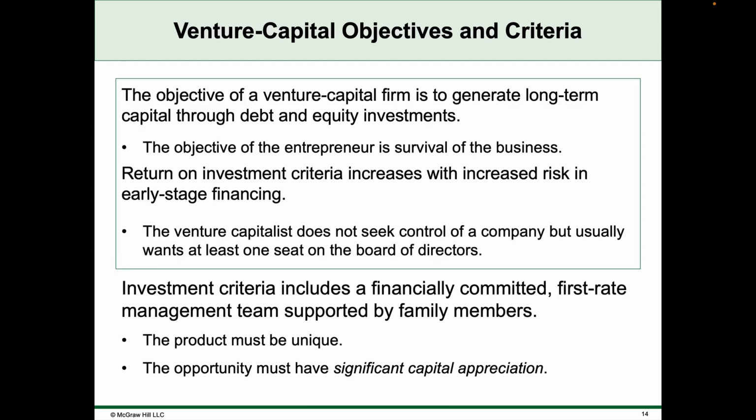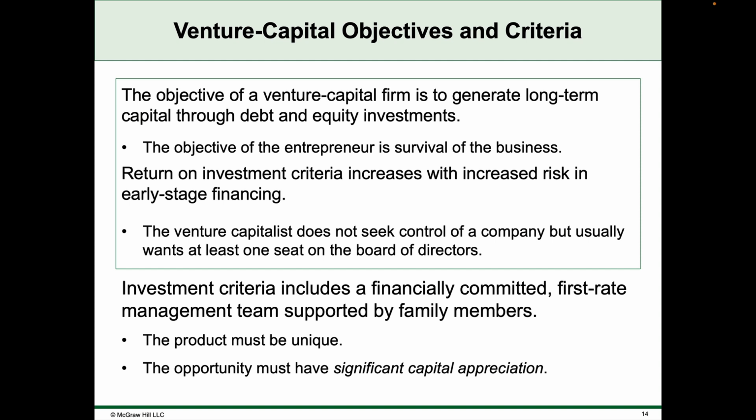The objective of a venture capital firm is to generate long-term capital appreciation through debt and equity investments. The objective of the entrepreneur is survival of the business, and the two objectives sometimes can be at odds. There is more risk in financing a business early in development, so more return is expected, 50% ROI, than in later development.